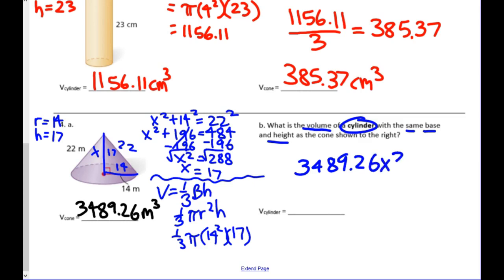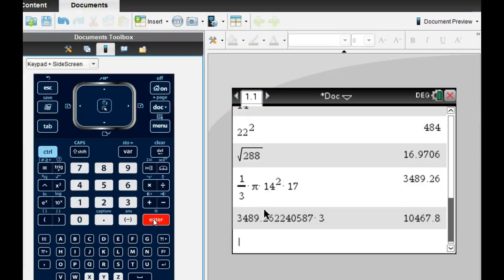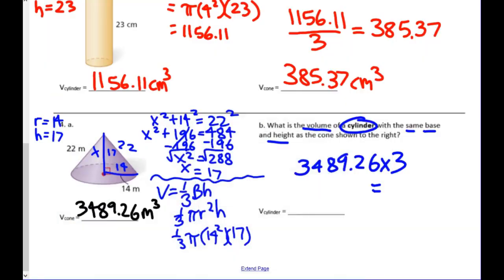Multiply by 3. Okay? So it's going to be a very big number. And I get 10,467.8. And again, it's meters cubed.